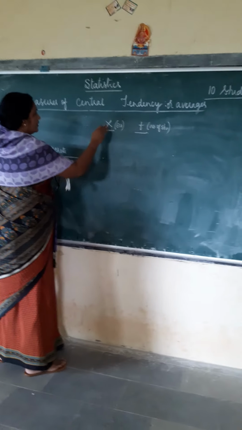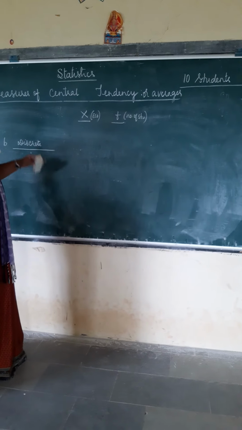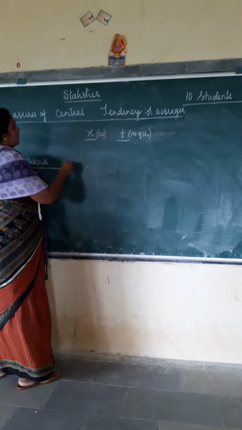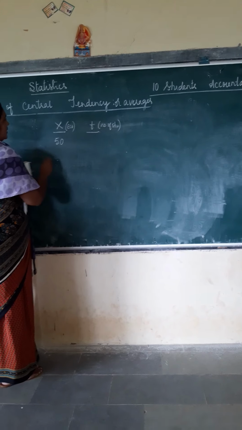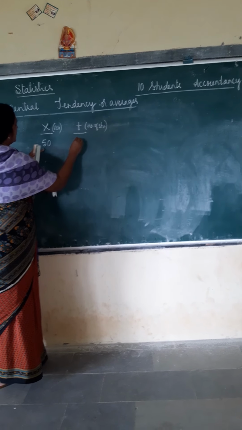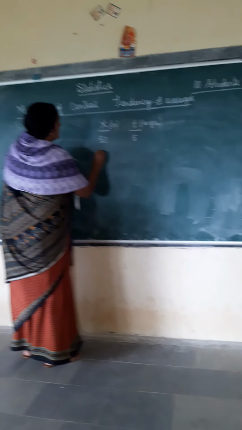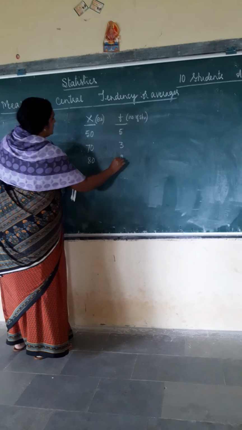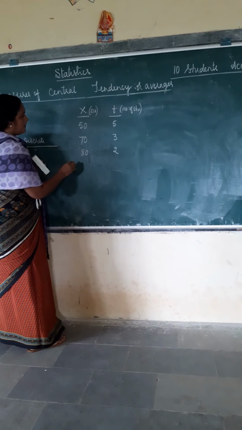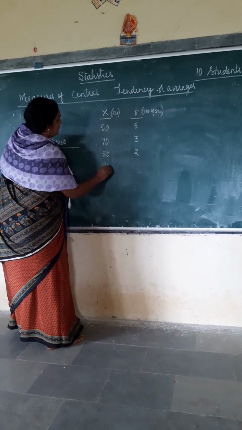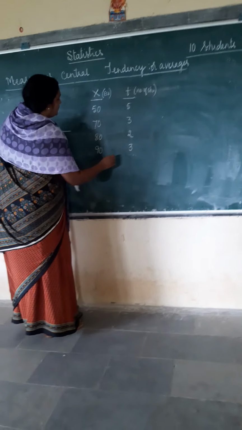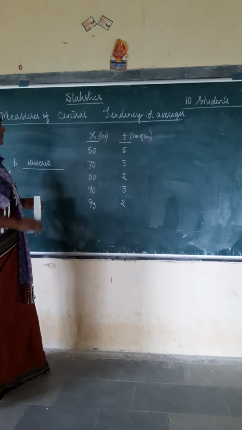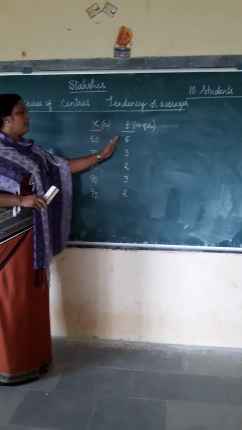Now there are students who have scored marks like 50, 60. Marks scored in economics, 50 marks: the number of students who scored 50 marks is 5. 70, there are 3 students. 80, there are 2 students. 90, there are 3 students. 95, there are 2 students. So these are the marks for the number of students.